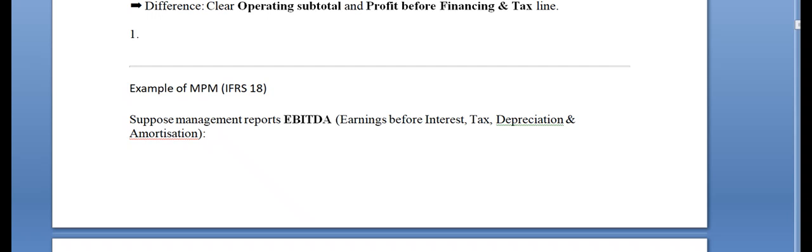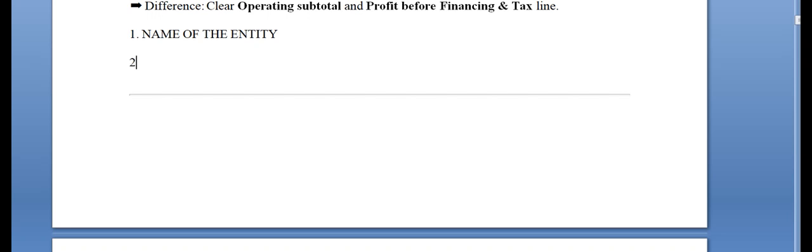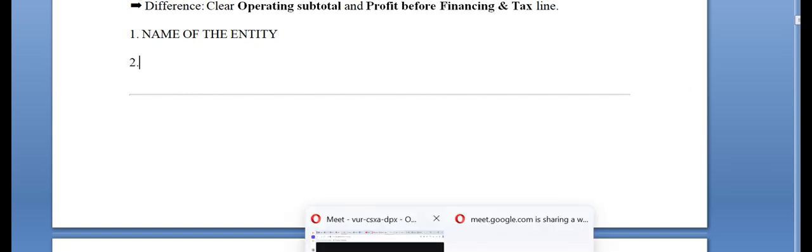Number 1, you must always write the name of the entity. Very important. You must always state the name of the entity.